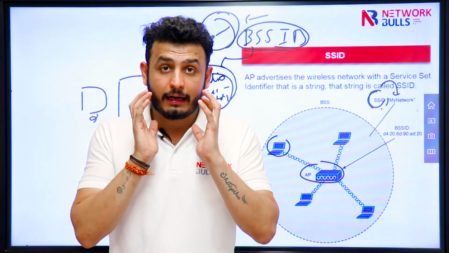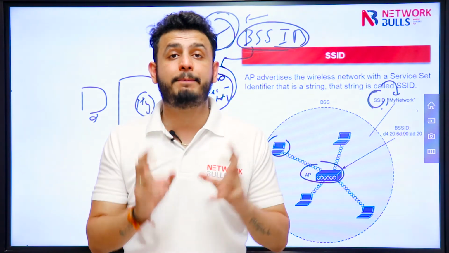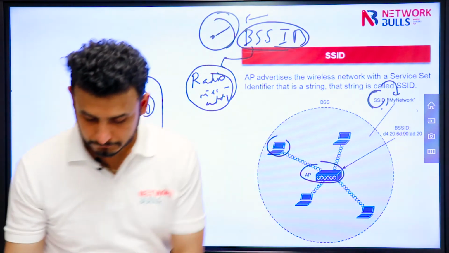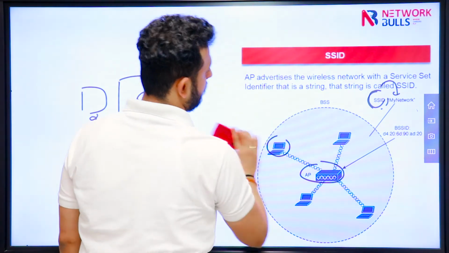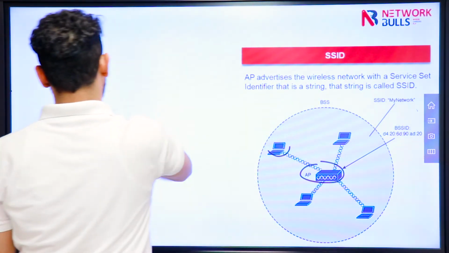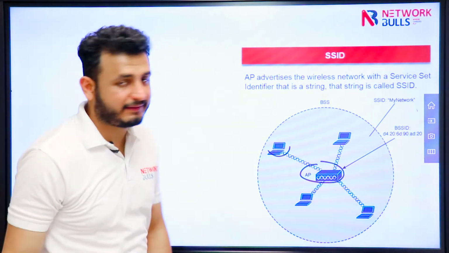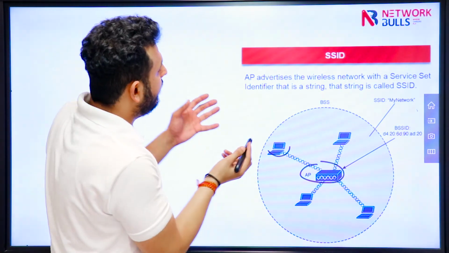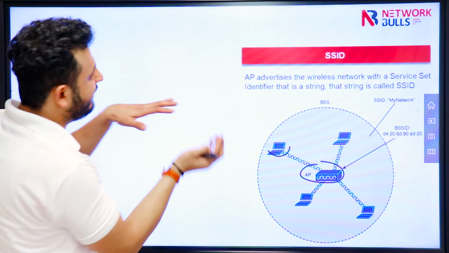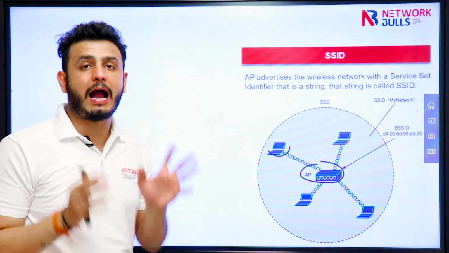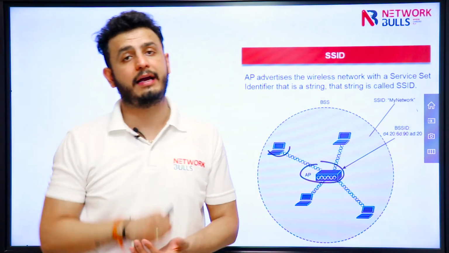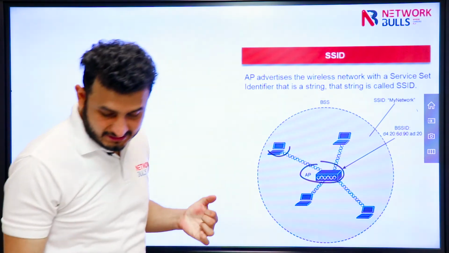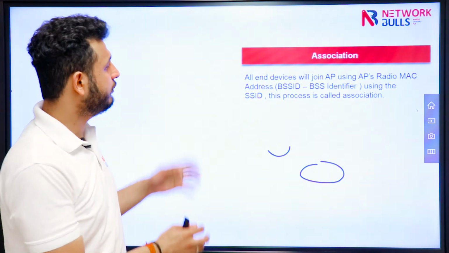So yes, a single AP can have multiple BSSIDs depending upon the SSID. So what is the SSID? SSID is basically a name that is advertised by the AP, and it is useful for humans to connect to that particular AP.